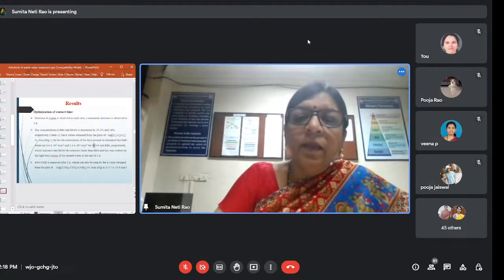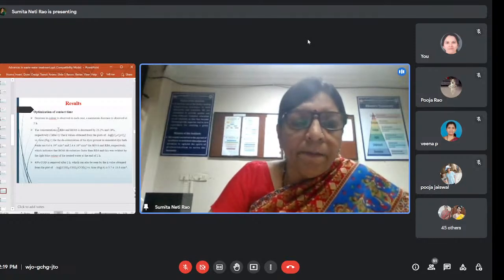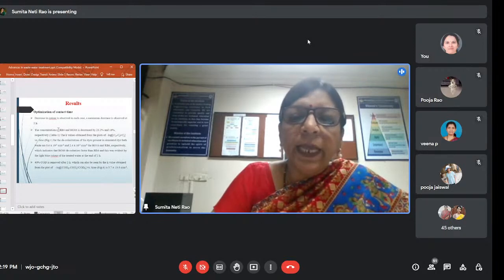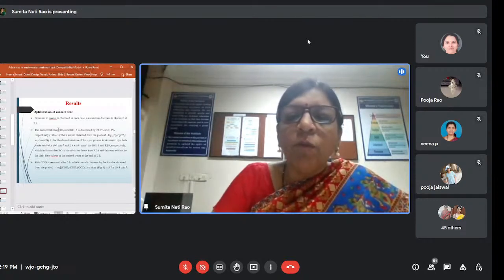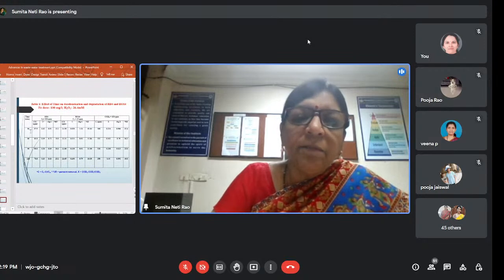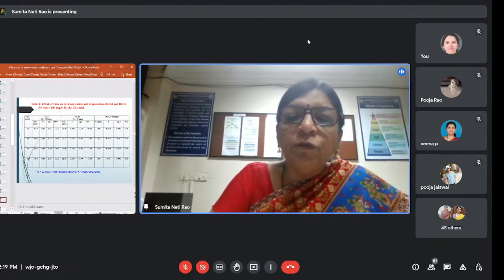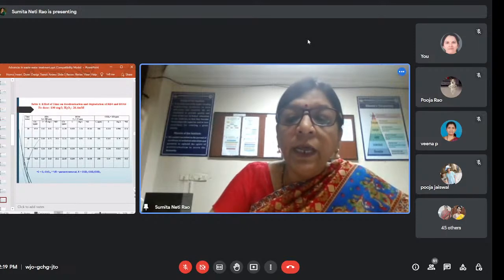And then this is the result. If you see that maximum color removal and maximum reduction in COD was obtained after a period of 2 hours. Now I can show you this in the form of a table. You can see that the time was varied from 30 to 120 minutes, and after 120 minutes, that is 2 hours, the initial concentration of RB4 was 100 and it came down to 23.2.